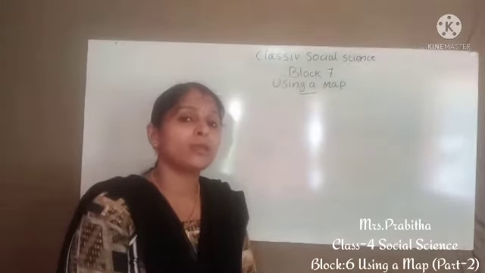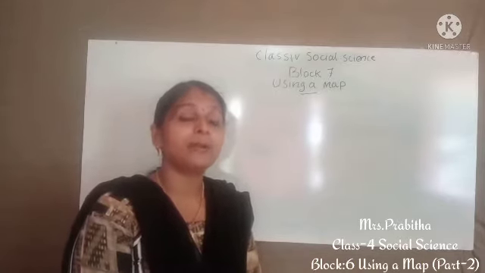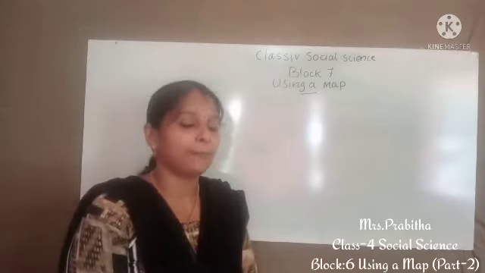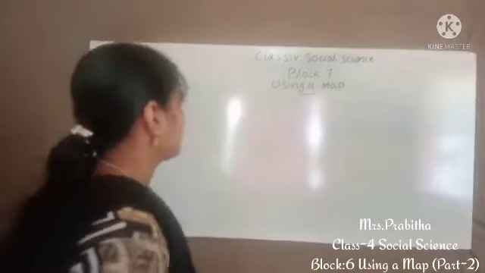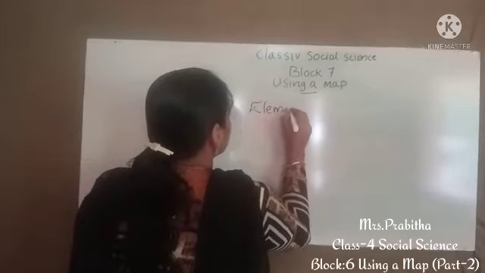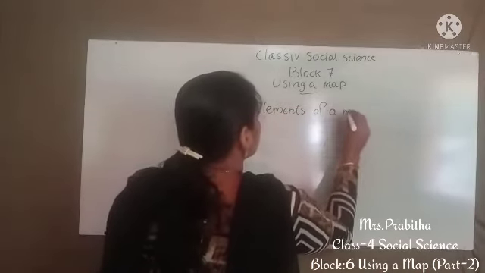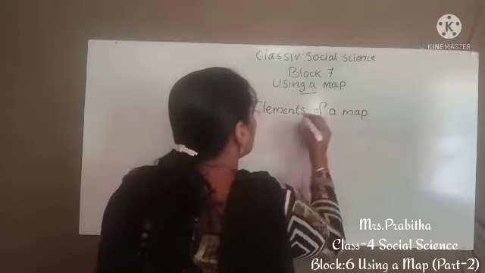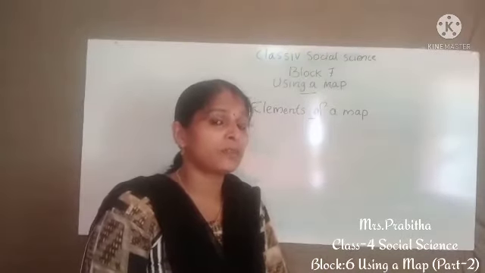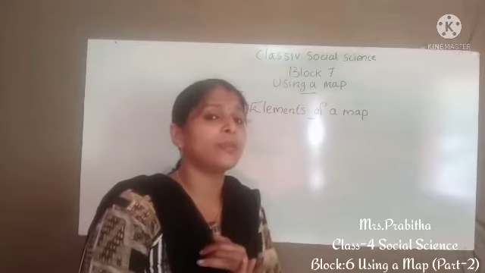Today we are going to learn about the elements of a map. What are the elements used to make a map? We already discussed the elements of a map in the last class. Which elements are needed to make a map?